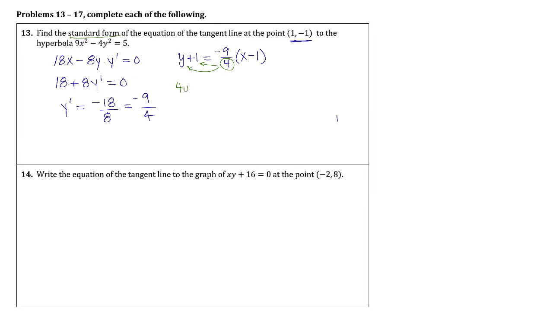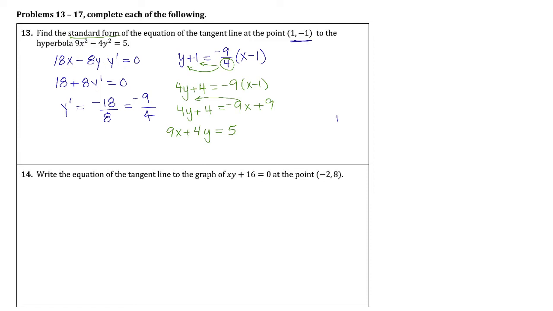So I have 4y plus 4 equals negative 9 times x minus 1, and that's going to make this process a lot easier, moving that 4 over. So I have negative 9x plus 9. And now we need x and y together on one side, so I'm going to add our 9x plus 4y, and then I'm going to subtract the 4 over to the other side. And there's our standard form.